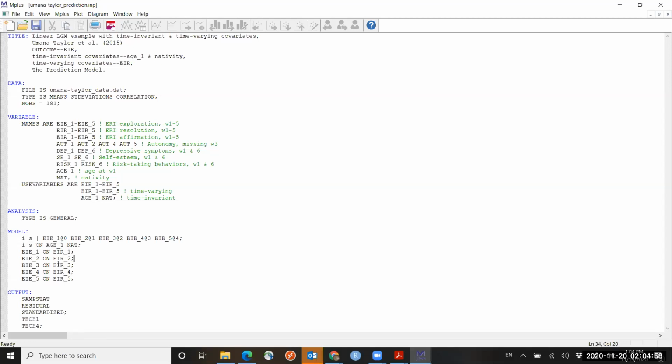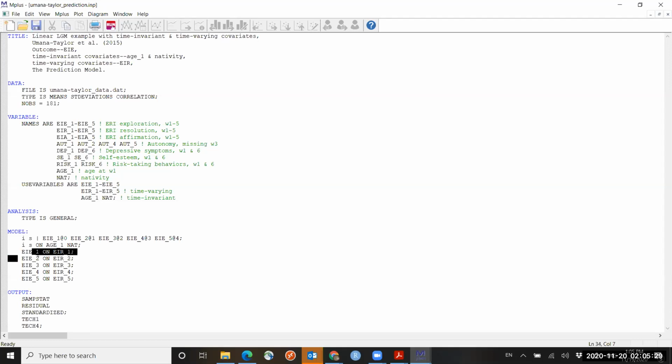Now, for time varying predictors, we have ethnic identity resolution here, measured in 5 waves, just like ethnic identity exploration. So in this line, I have ethnic identity exploration 1 regressed on ethnic identity resolution 1.